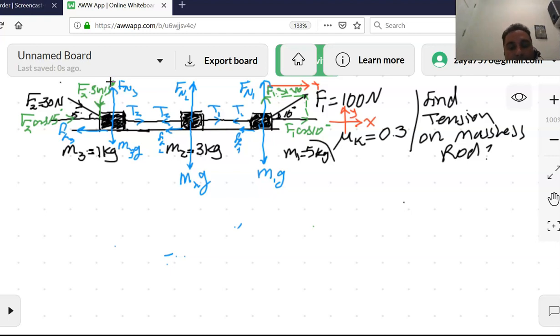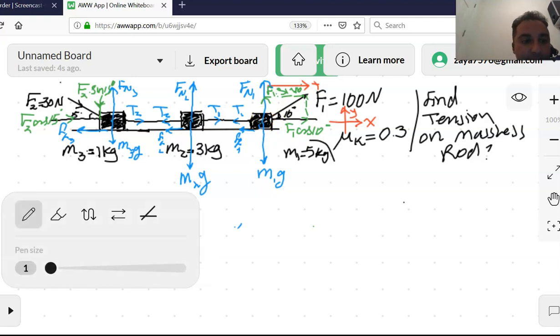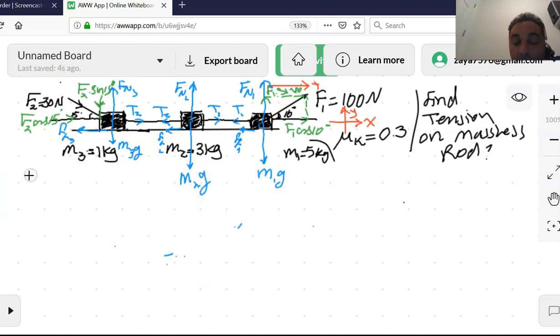Now, there is one important thing that you have to pay attention to here. Watch it, guys. Your force F1 pulls the object up. So these two components, one on X, one on Y, have to be in the same direction as your forces. If your force is in that direction, your component must also be in the same direction.